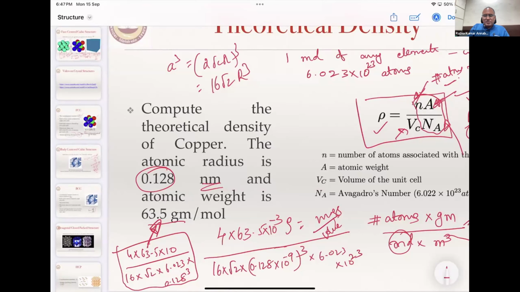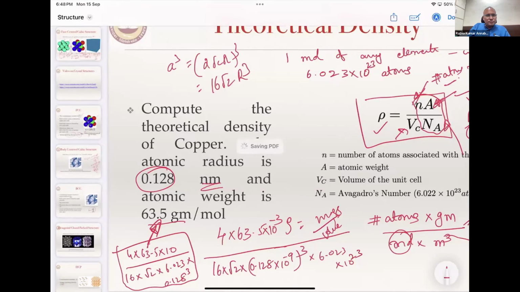Number of atoms is 4 or 8? 4 is FCC. So density is number of atoms into atomic weight, divided by volume.